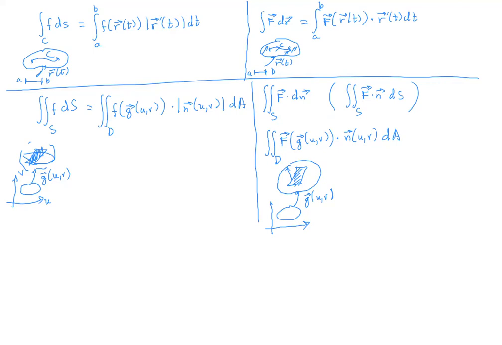So in other words, the vector surface integral needs to be defined with respect to a chosen orientation for the surface over which the integral is taken.